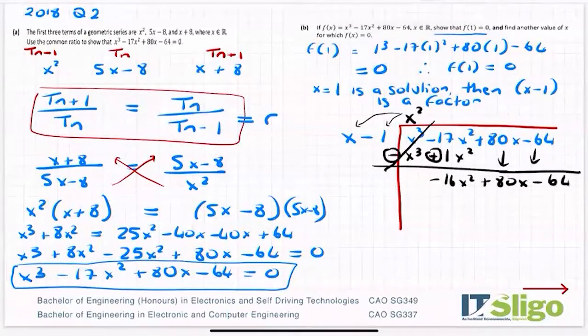Okay, and then you repeat the process. It's like you ignore this bit in the middle and you're just doing it again. What must I multiply that x by to bring it up to minus 16x squared? Because remember, now I want to make these cancel. Okay, so I definitely need a minus. I need the 16. I have 1x there, so I just need one more x to bring it up to x squared.